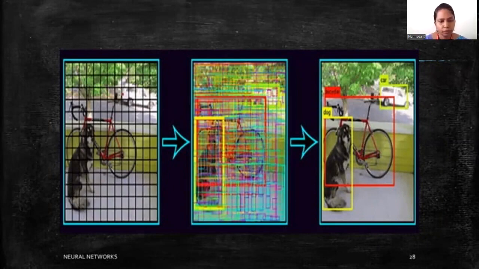The picture is converted into a matrix, and each matrix will be considered for identification. Based upon this matrix, it is mainly grouped into three. The first one is the dog, the second one is the bicycle, and the third one is the car. So this is the final output.